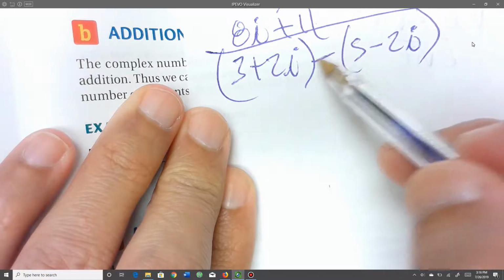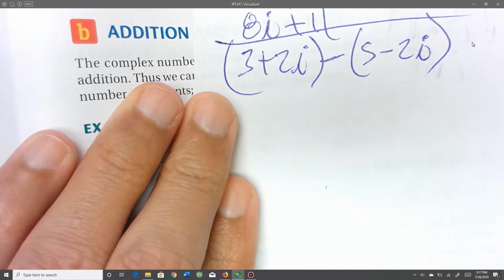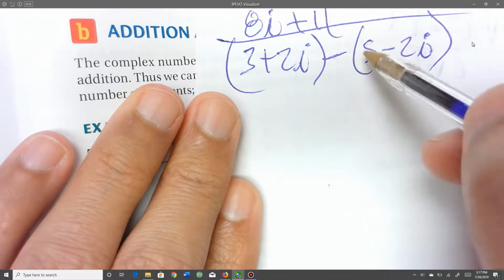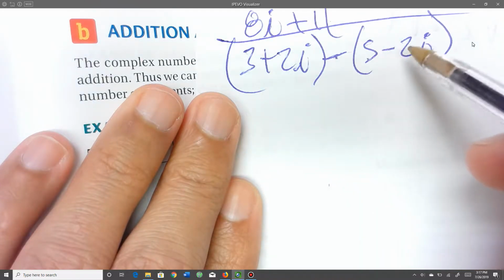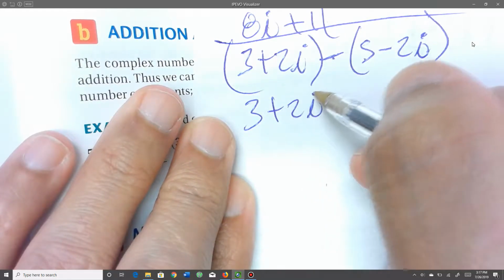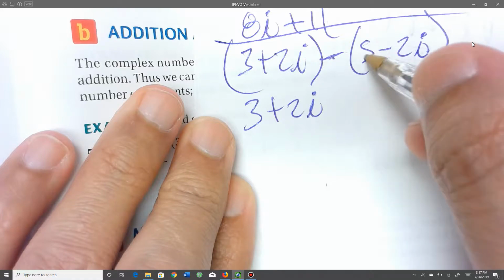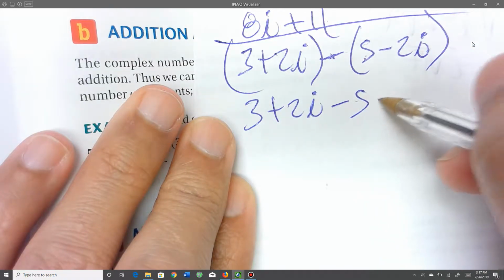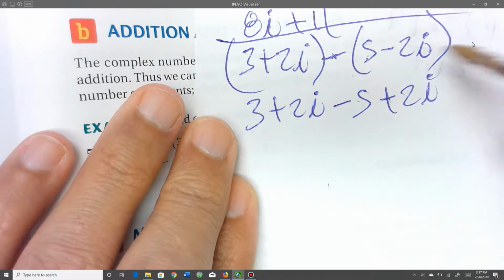This negative sign affects this parenthesis here, and this parenthesis has two different terms. Therefore, this negative sign affects both of them. So I'm just going to rewrite the first part, because that negative sign doesn't affect that. Negative times a positive gives me a negative 5. Negative times a negative gives me a positive 2i. And I got rid of the parentheses.